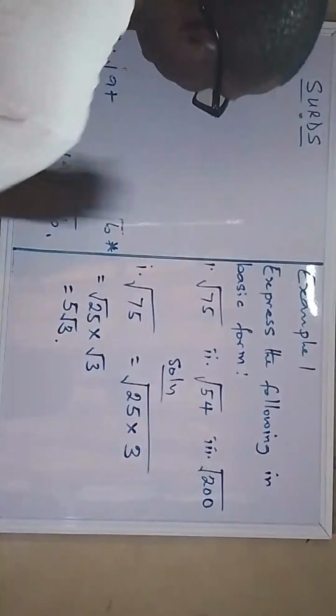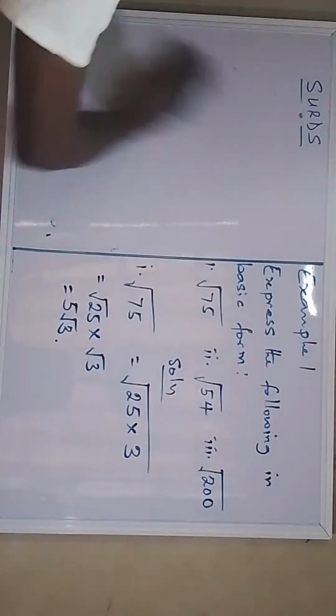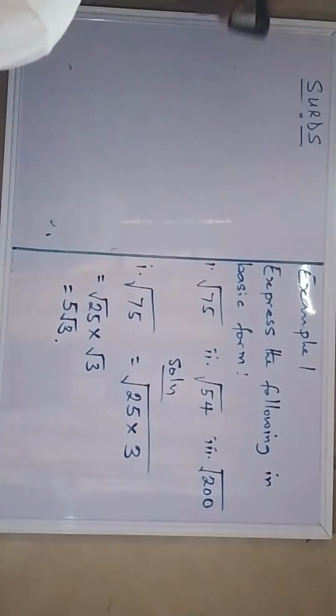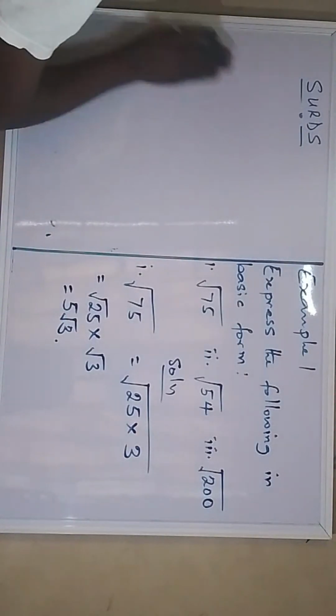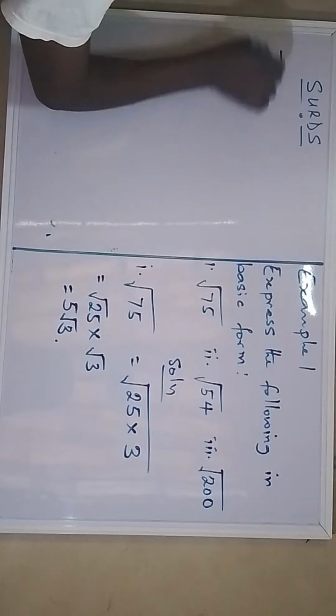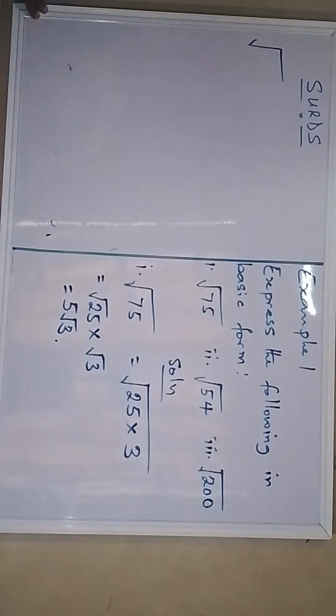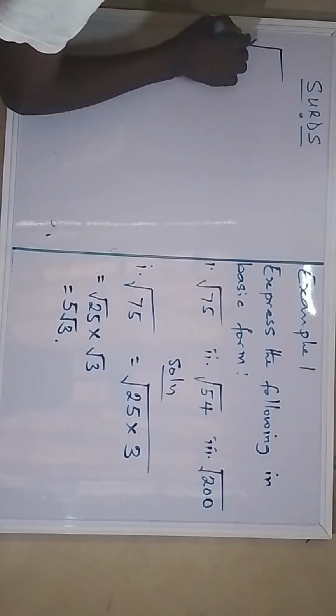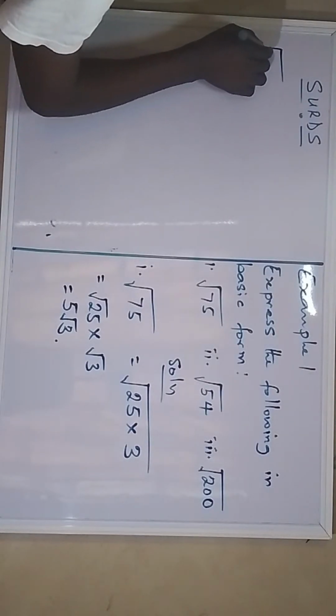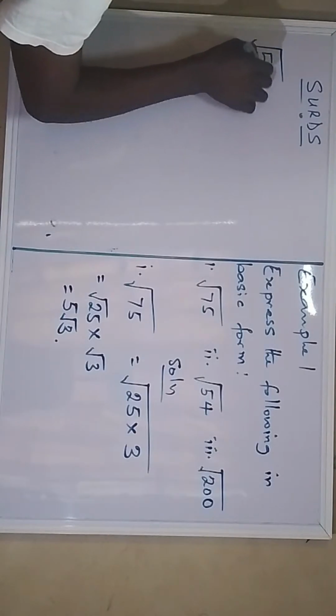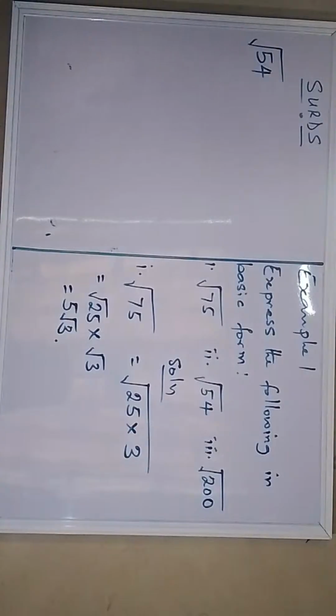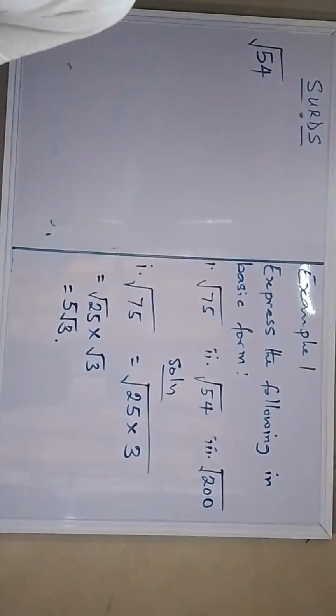Let's look at the second question. What do we have there? We have the square root of 54. That is what we have there.